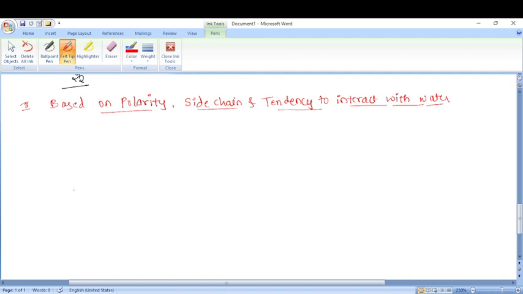First type, amino acids with non-polar side chain or R group.